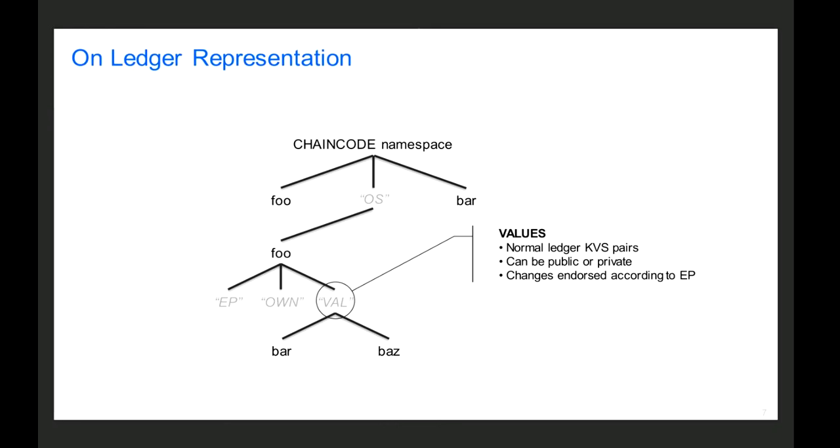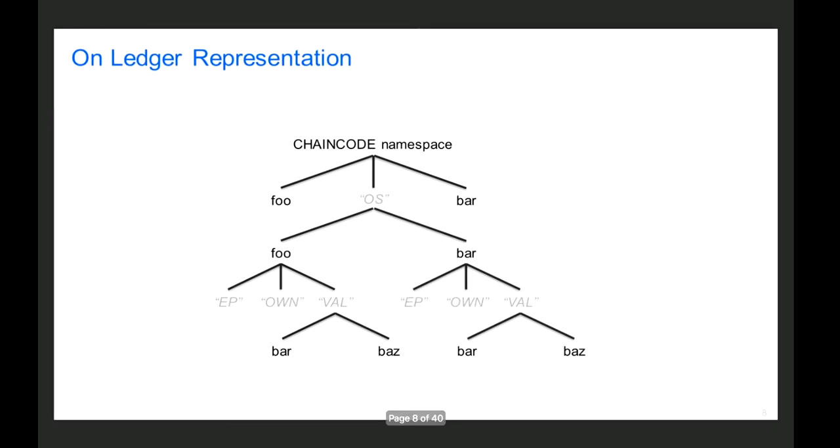Since this is in a separate namespace, the keys do not clash with keys of the root chain code namespace. So this is completely kept separate and encapsulated. And then finally, we can also have multiple owners, of course. Here we have the ownable state foo with the keys bar and bars, and then we also have the ownable state bar, which again has the keys bar and bars.